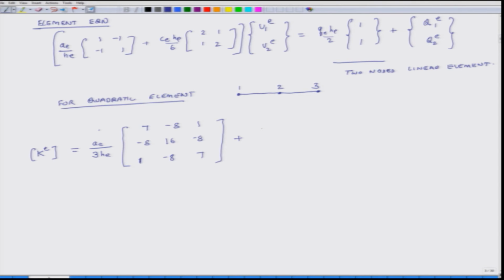plus CE HE over 30, and in the matrix I have [4, 2, minus 1; 2, 16, 2; minus 1, 2, 4].